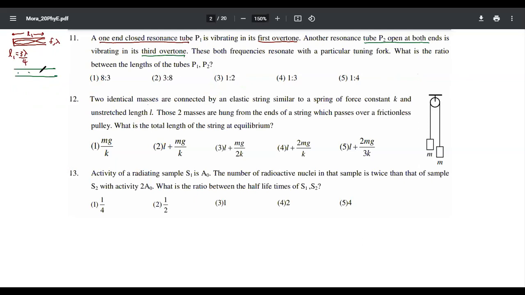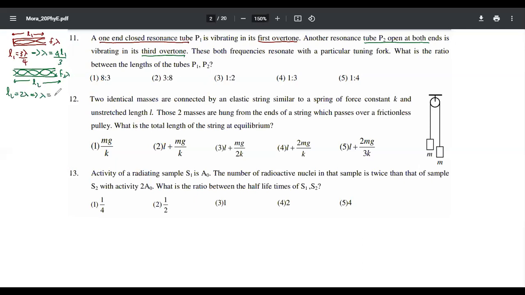1, 2, 3, 4. Three loops must be there, people. This is L2 and L2 this time, same f and lambda. Lambda is equal to 4L1 by 3 and L2 this time is equal to 2 lambda.